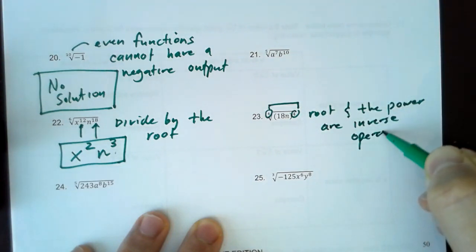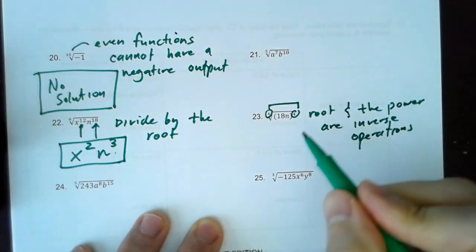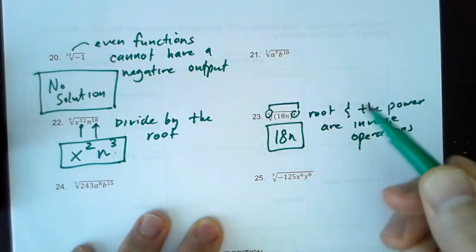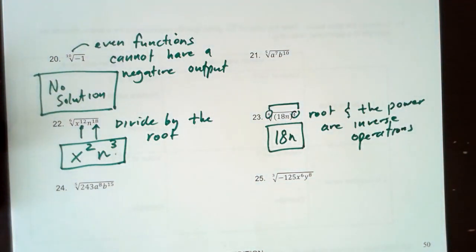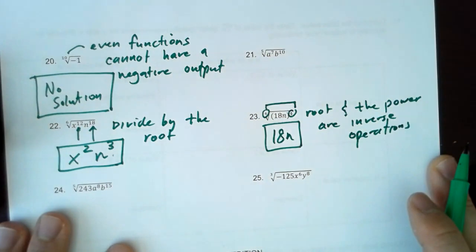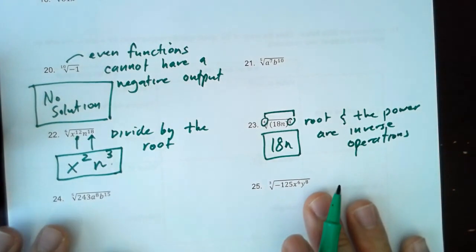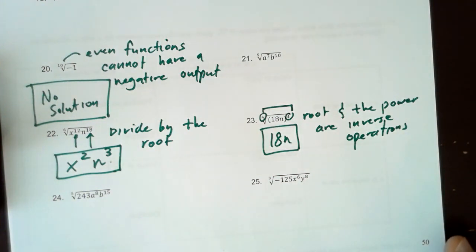So effectively, they cancel entirely. So what you're left with is exactly 18n. These are the subtleties of this lesson. I realize I am going fast. This is basically one of the procedures of algebra you just have to be comfortable with.